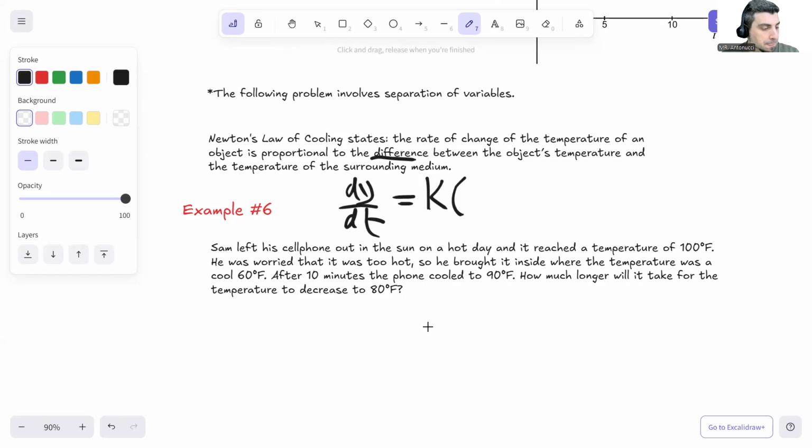So that would be the object's temperature minus the temperature of the surrounding medium. So we'll call that S. So it's kind of like exponential growth and decay, but not exactly.